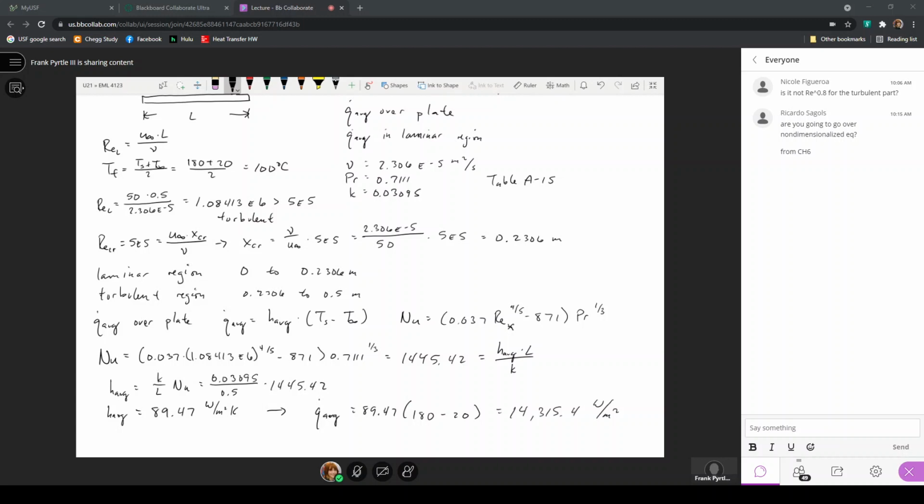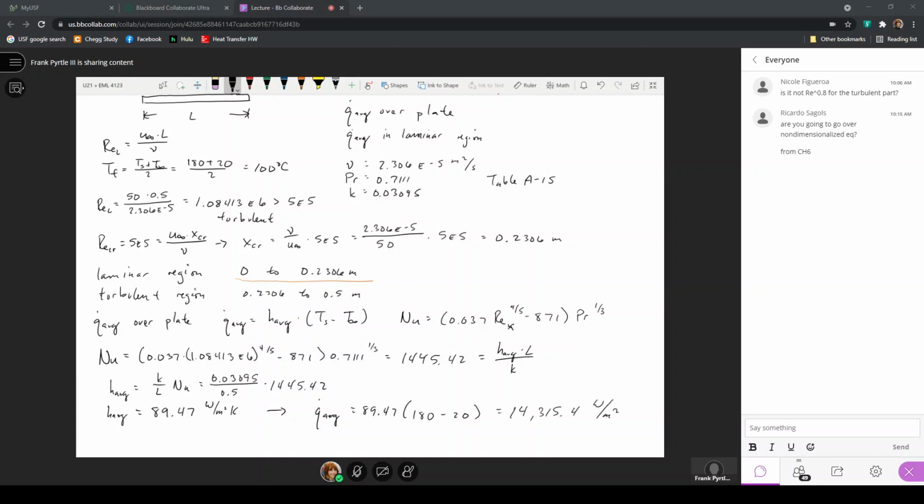Now we want to compare that to the heat flux that we get just out of the laminar region, where that laminar region is only from 0 to 0.2306 meters.